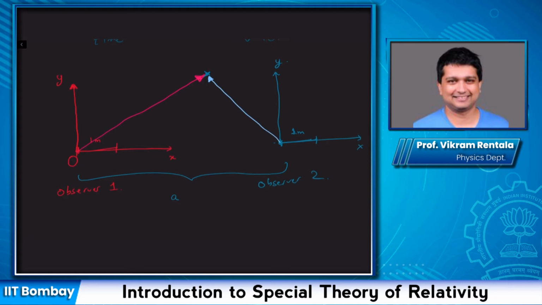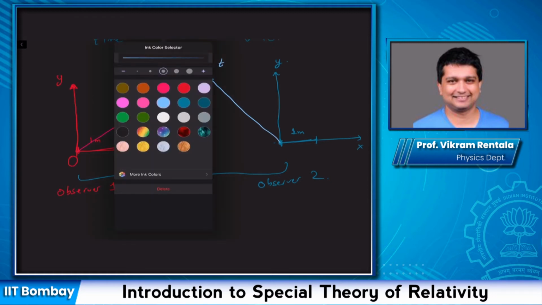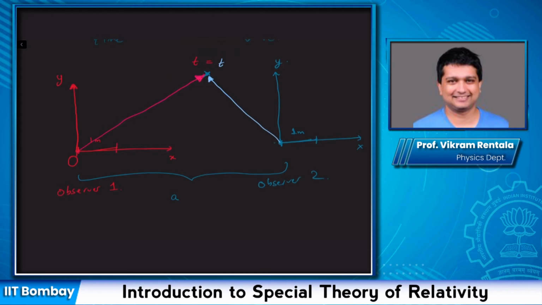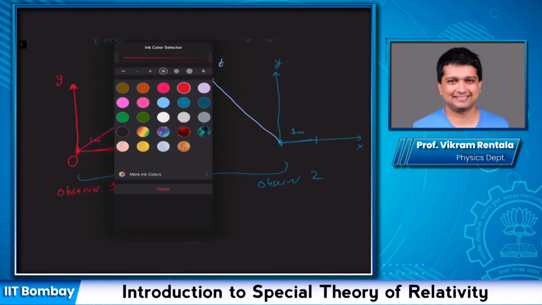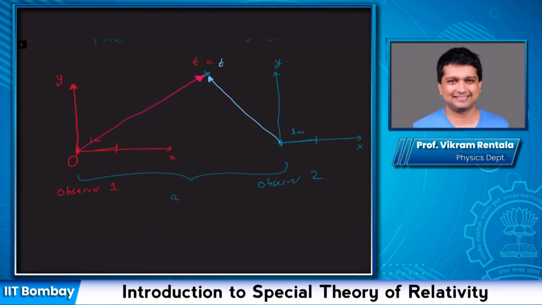Now both observers are describing the same particle, okay? And the other thing is they have clocks which they've agreed on the origin of time and they've agreed on their interval of time. So we would also say that both observers are measuring this position of the particle at the same instant of time. Okay, so in observer 1's language, this red T describes the time that they measure.